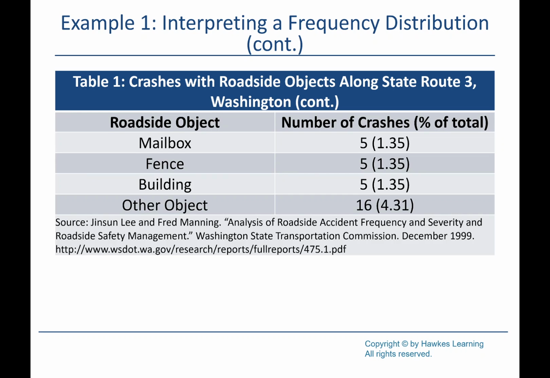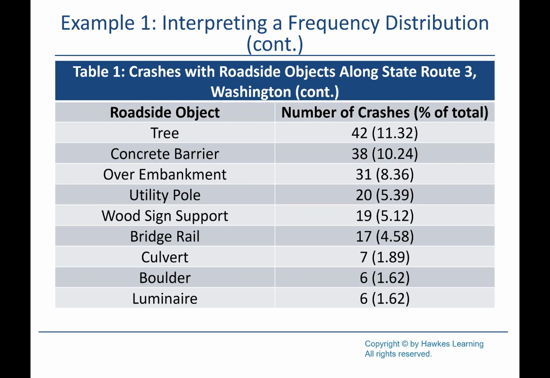And then the numbers in the parentheses tell us, as a percentage of our data set, what percentage of people had collisions with those types of objects. So 11.32% of people in our data crashed into a tree. Okay, let's look at the next one.